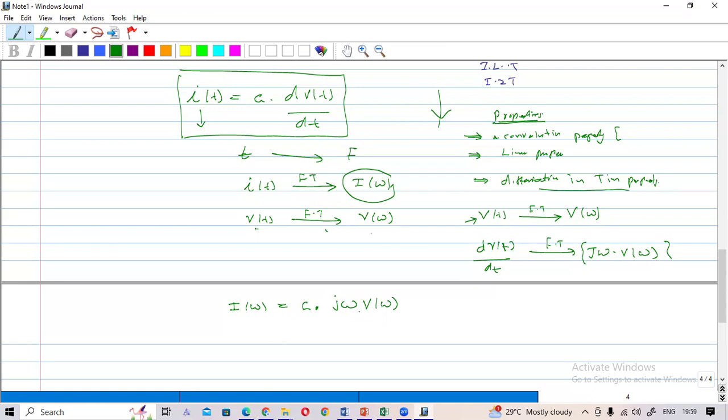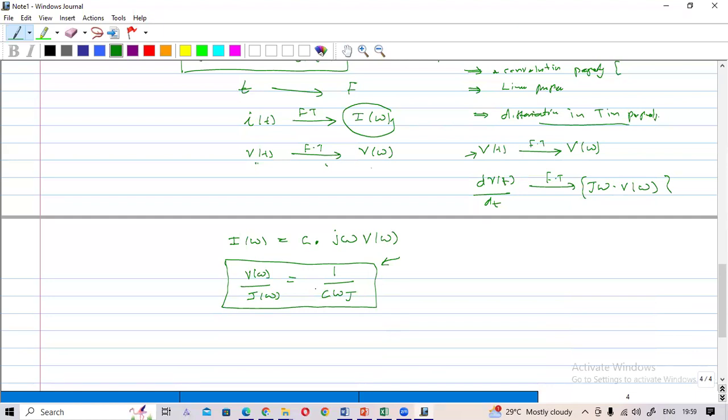Okay, so now I'll just get the cross product and I will write like this: V(omega) divided by I(omega) is equal to 1 over C omega j. Okay, so I can get this equation now after I get the time transformation.